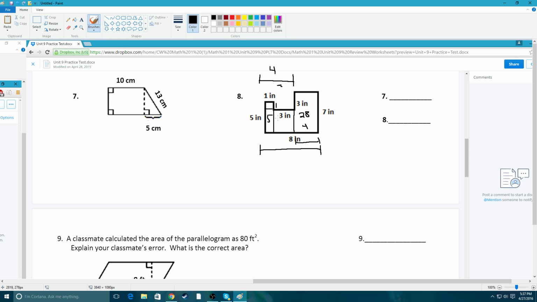It's a square. So this part has a height of 4, and 3 times 4 would give you 12. So this comes out to 5 plus 12 plus 28, which comes out to 45 square inches.